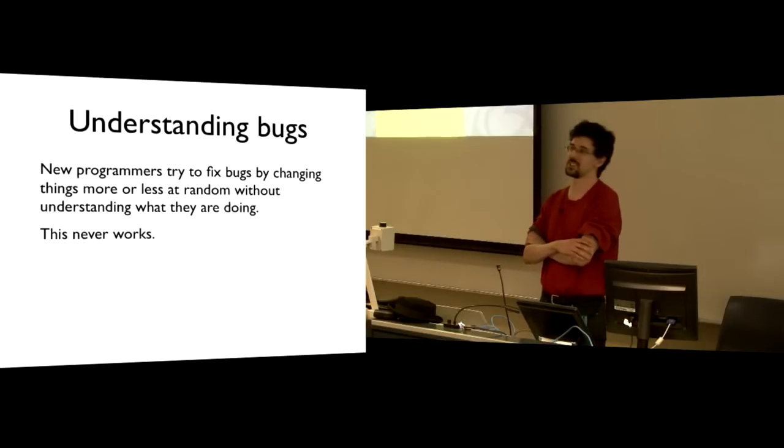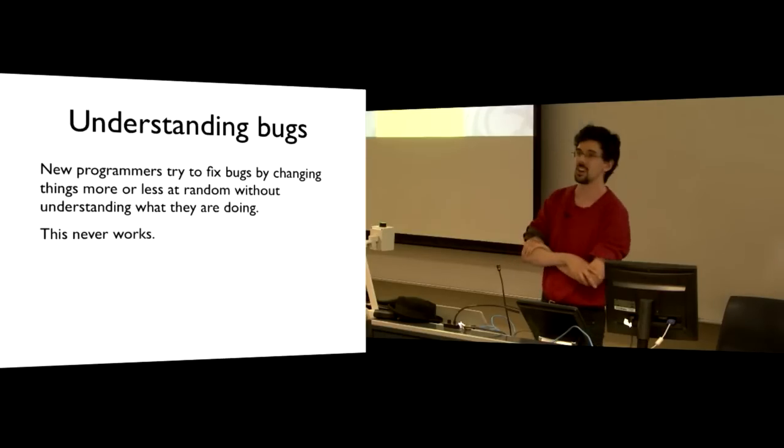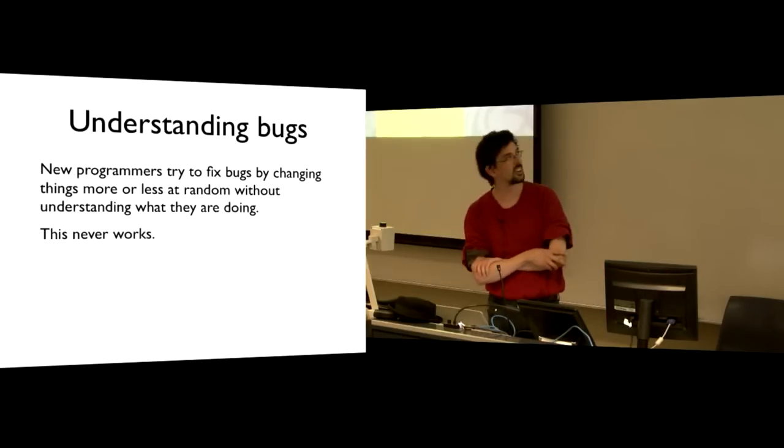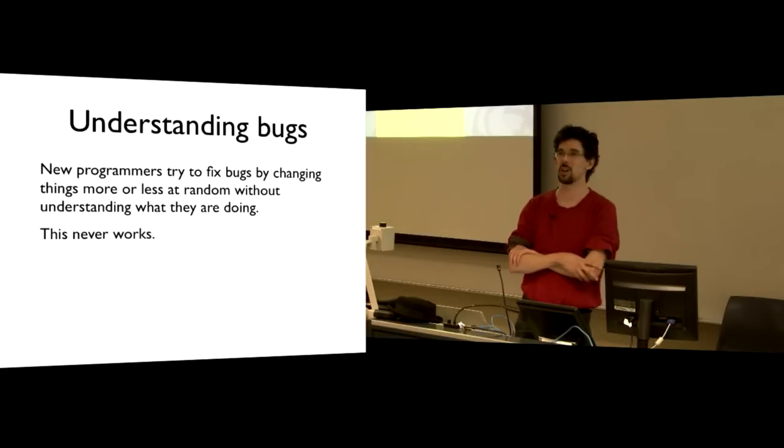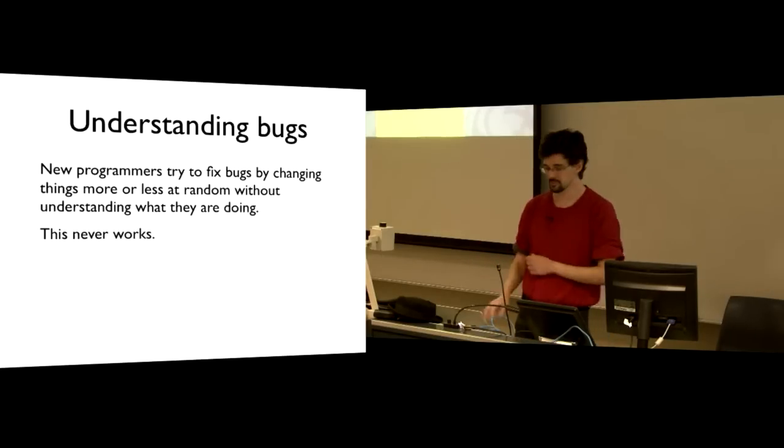But I've seen this an awful lot in new programmers. Rather than try to work out what's going wrong, they just go, maybe if I poke at something it'll just start working magically. You know, there is no magic. You can't just make bugs go away by randomly poking at them. You do have to understand what you're trying to do.